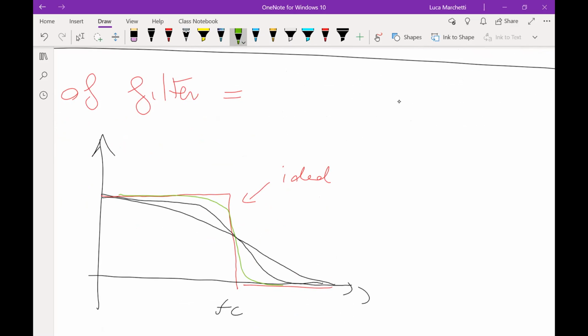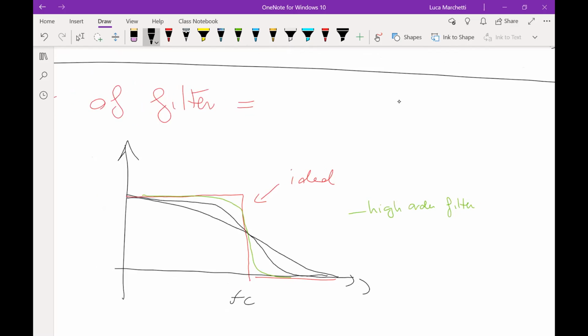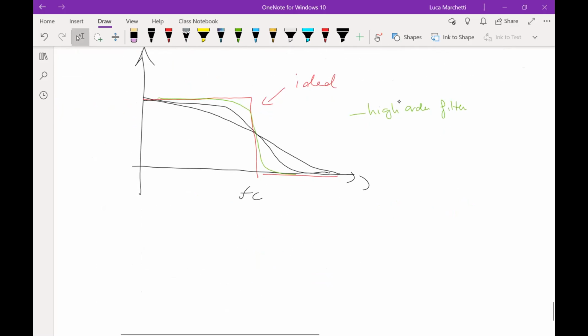Because it is more similar to the ideal filter. So the difference between these three filters I drew is the order. The green one has high order, okay? It's a high order filter. So you understand that based on this definition, you would like to have a higher order filter all the time, right? To have an ideal response of your filter.